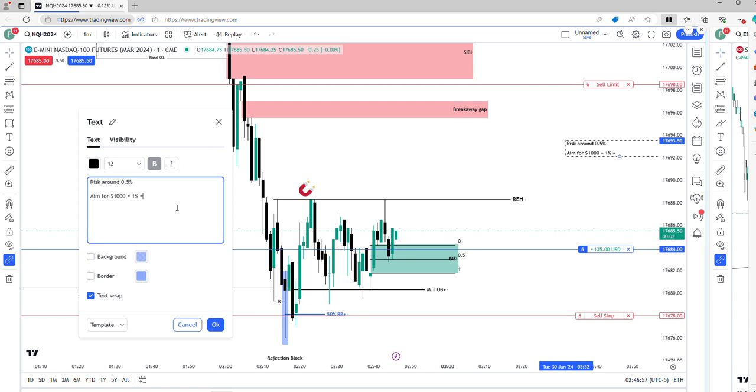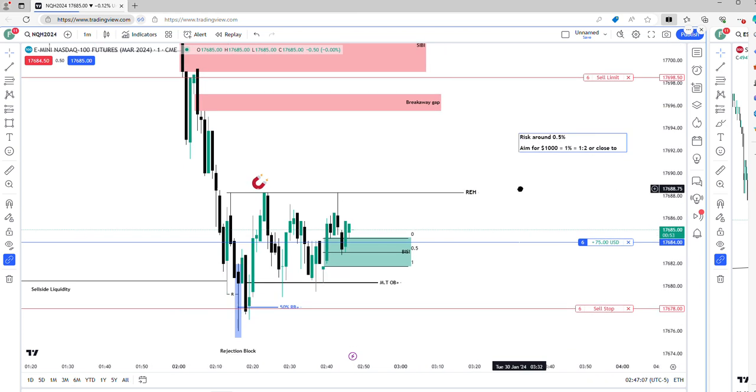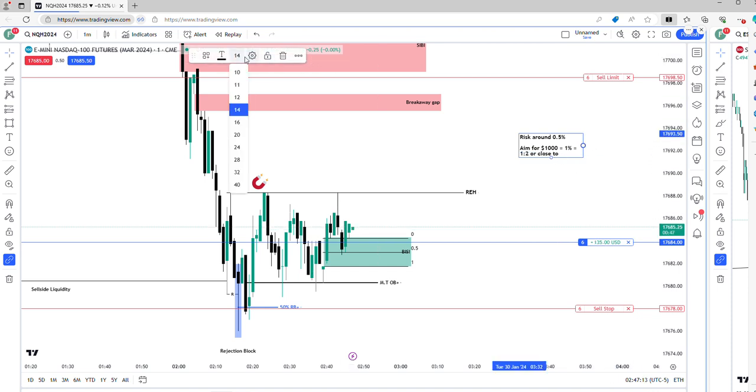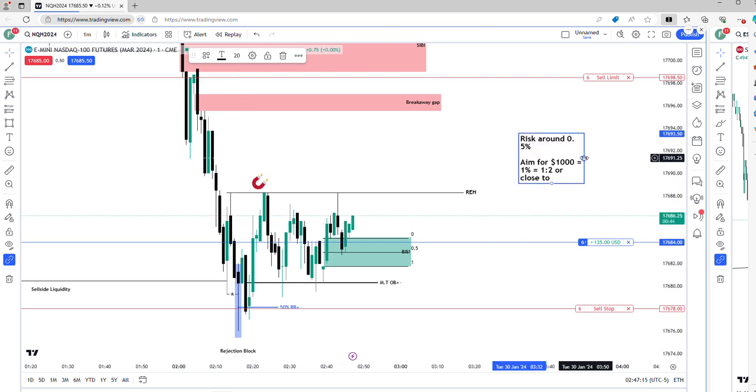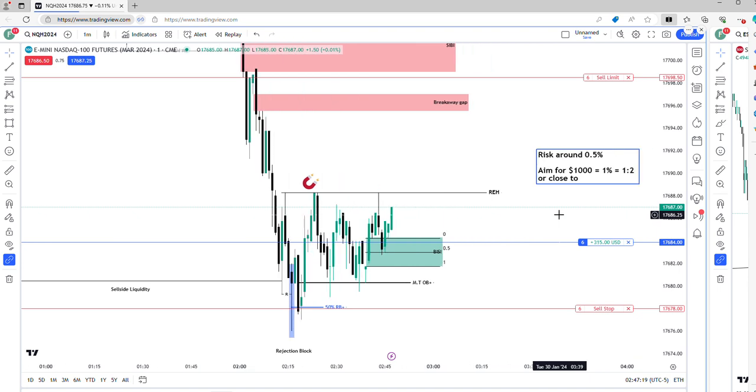So that's equal to roughly a 1 to 2 risk to reward, or close to it. That's what I aim for. I just find it works better. So that's what I'm watching. I might make that a bit larger for you guys so you can see. That's what I do. Up to you what you do. Some people risk less. That's completely fine.